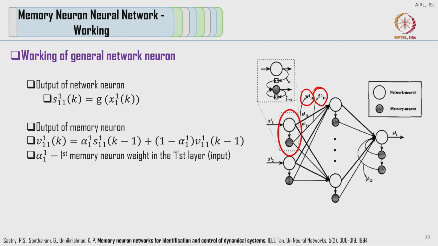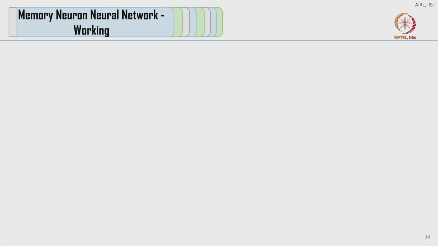V11 is the corresponding output coming from the memory neuron. V11 of k we have defined, and the weights of the memory neurons are also defined here, as explained in the previous slide.